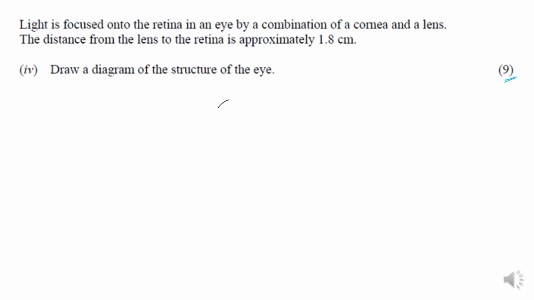Firstly, you have the main kind of sphere shape of the eye, and then towards the front of the eye you have a raised curved area, like so. Okay, so the raised curved area has a toughened layer on it, and that is called the cornea.